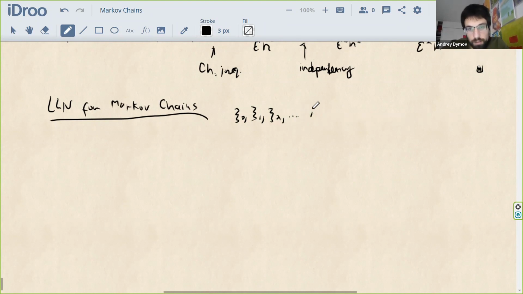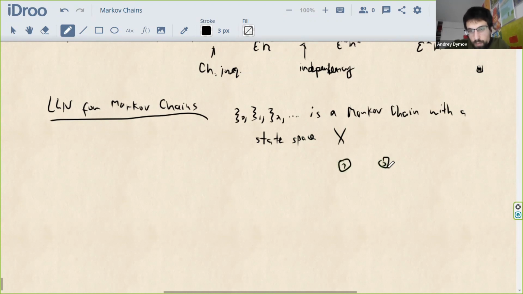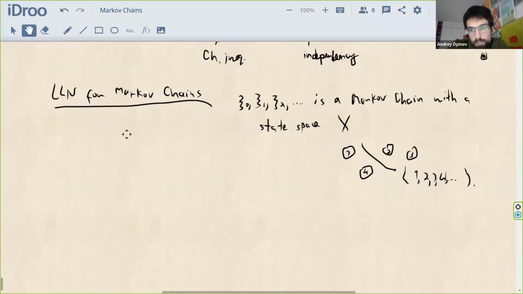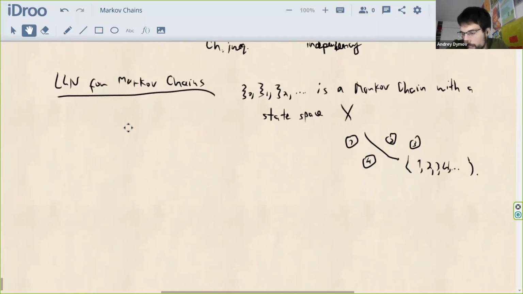This is a Markov chain with a state space X. Usually we just enumerate these states by 1, 2, 3, 4, etc. So as usual, you can think that this X is just 1, 2, 3, 4, etc. The number of states in most of our examples is finite, but in principle you can think about an infinite number of states as well.